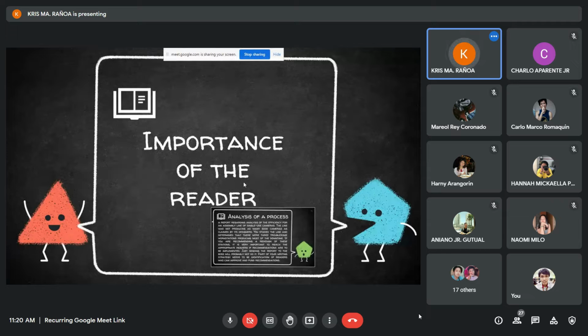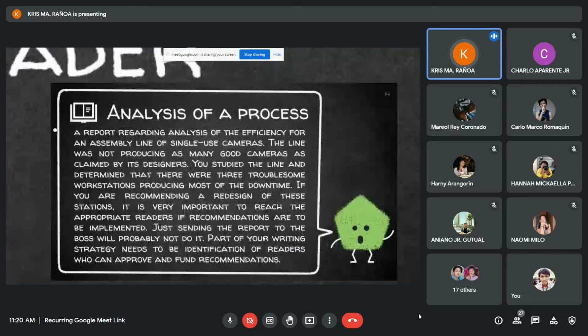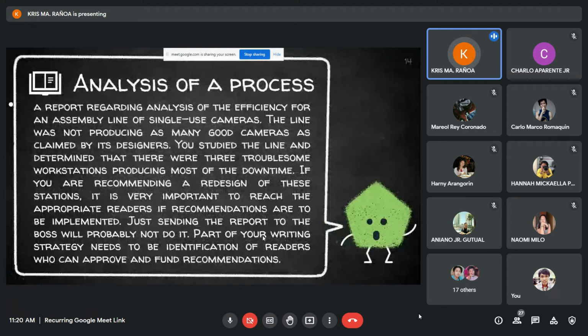So na yung mga example sa technical na mga writings like analysis of process. A report regarding analysis of the efficiency for an assembly line of single-use cameras. The line was not producing as many good cameras as claimed by its designers. He designed the line and determined that there were 3 troublesome workstations producing most of the downtime.